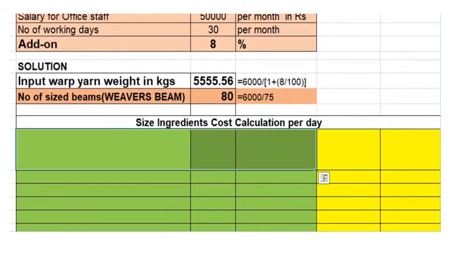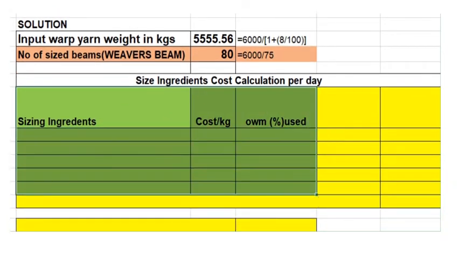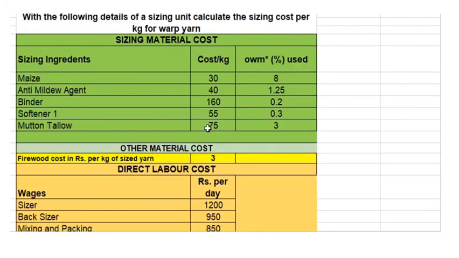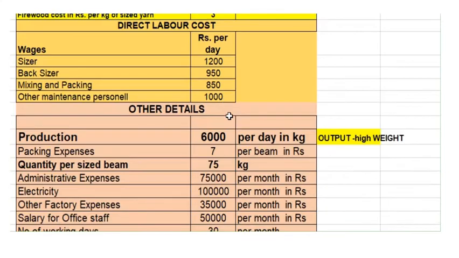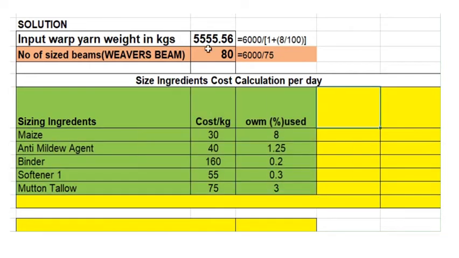The size ingredients data is already given, sizing materials cost, so I'm putting those data here. Now with this recipe, we first need to calculate the quantity of each chemical per day, and then the cost of each chemical per day.